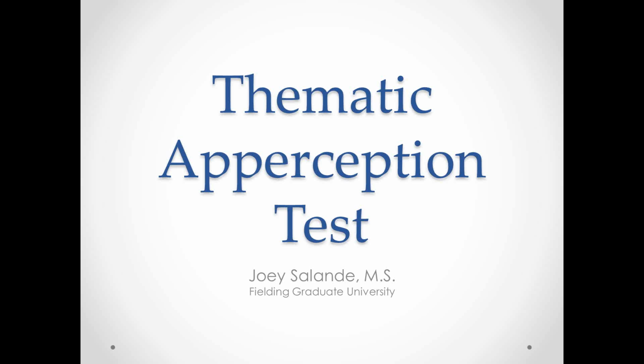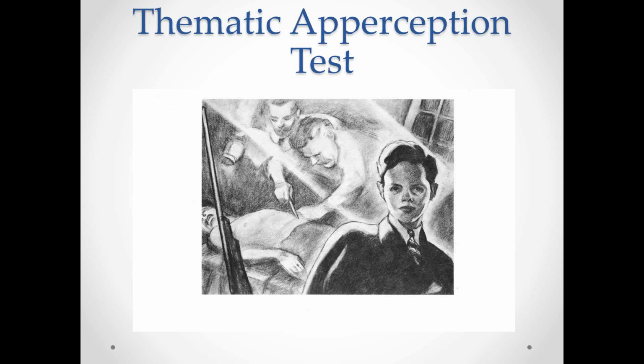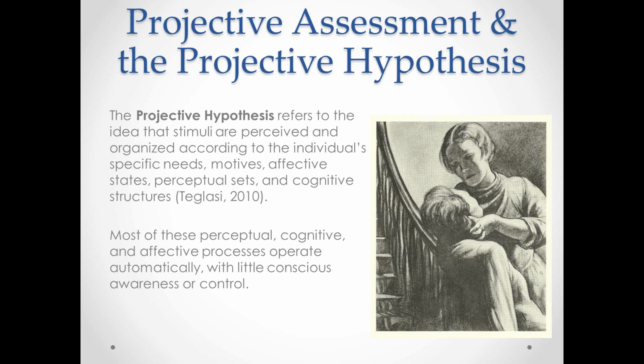So projective testing, and in particular the TAT, is very useful for accessing that psychological material. So this idea, the projective hypothesis, refers to the idea that stimuli are perceived and organized according to the individual's specific needs, motives, affective states, perceptual sets, and cognitive structures. Most of these perceptual, cognitive, and affective processes operate automatically with little conscious awareness or control.